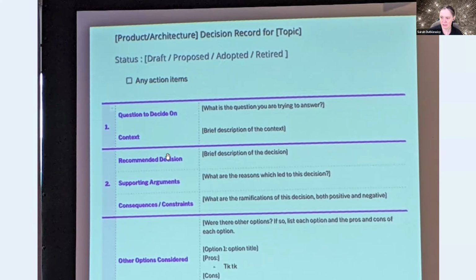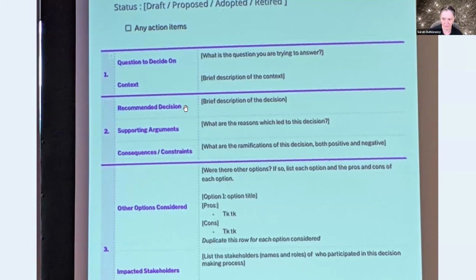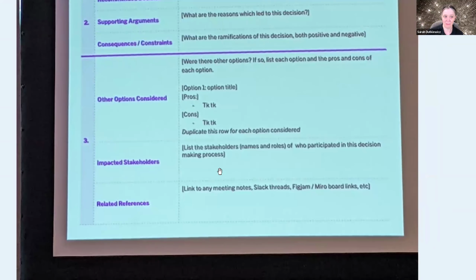What I like about her template is that her actual decision is at the top with the supporting arguments and the consequences. But then it's clear where the other options are considered because it's got its own section. In her template, they call out the impacted stakeholders. And related references are nice too, as in like links and other things to help support your case.